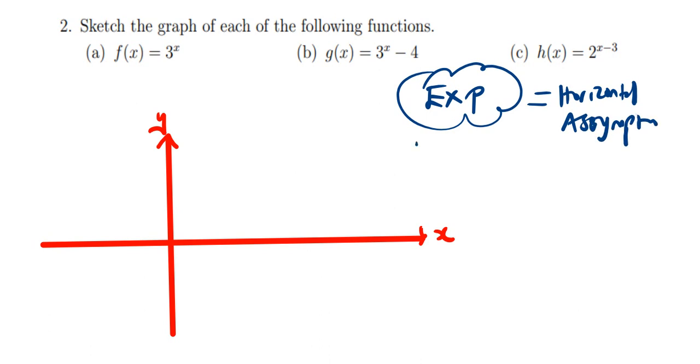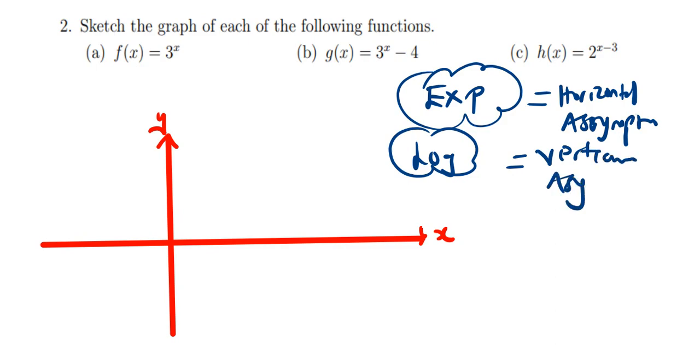Then for the logarithmic functions, it's a bit different. It's the opposite actually. It's going to be the vertical asymptote. So what are we talking about? An asymptote is that line on a graph that you are not supposed to touch. Like we're saying, for exponentials you have a horizontal asymptote, so the x-axis, you're not supposed to touch this x-axis.